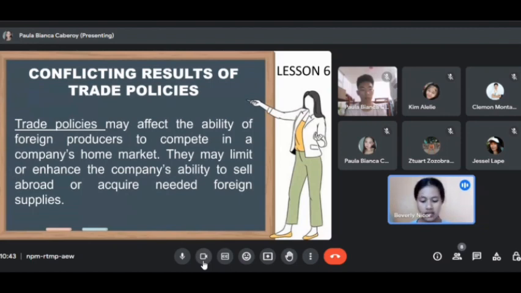These policies can either limit or enhance a company's ability to compete in domestic and foreign markets. Despite the free trade benefits, governments still intervene in trade to achieve economic, social, or political objectives. But conflicting policy outcomes make it difficult to determine how to influence trade.